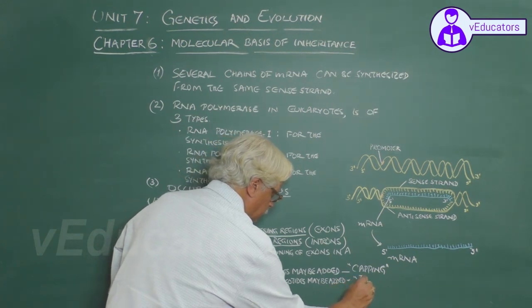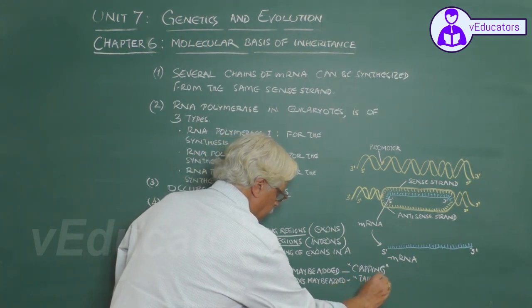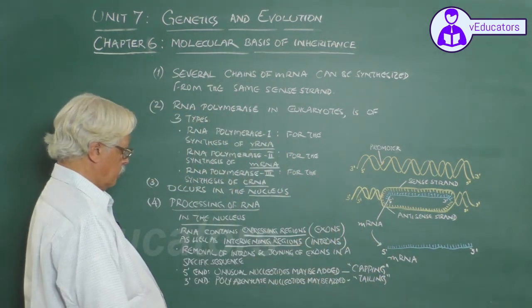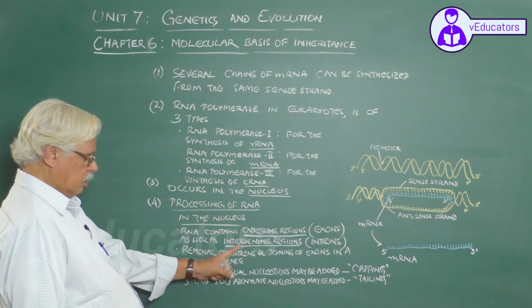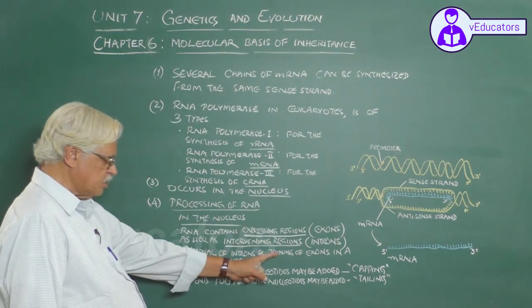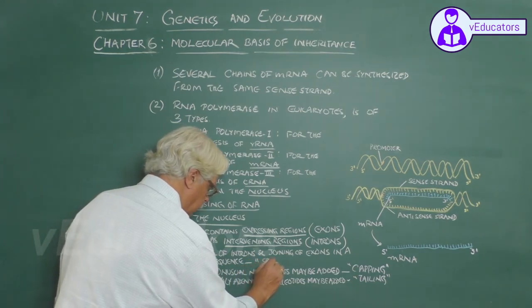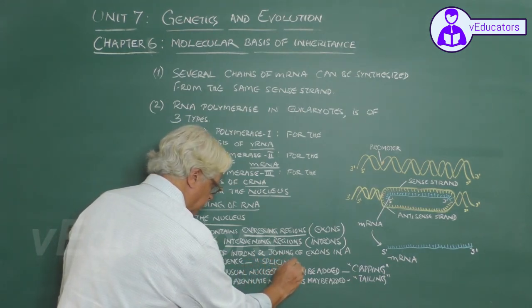This is called tailing. The removal of introns and joining of exons, this is called splicing.